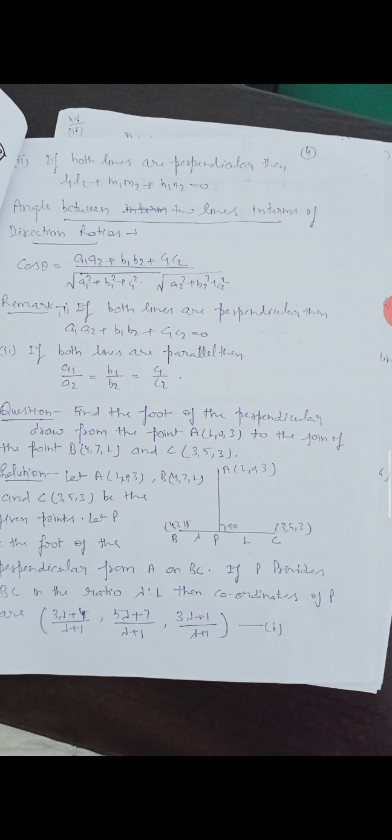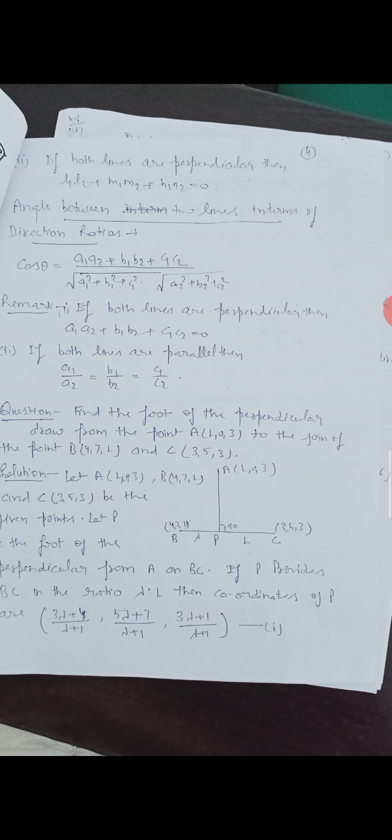As a remark, if both lines are perpendicular, then a1 a2 plus b1 b2 plus c1 c2 is equal to 0. Second, if both lines are parallel, then a1 upon a2 is equal to b1 upon b2 is equal to c1 upon c2.